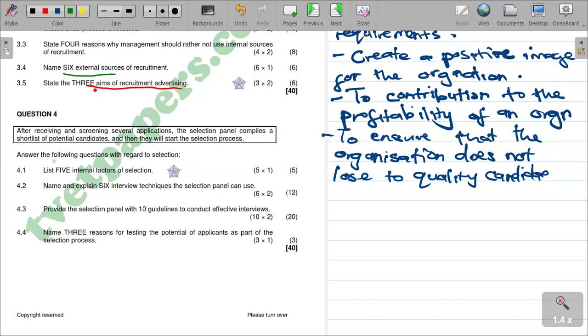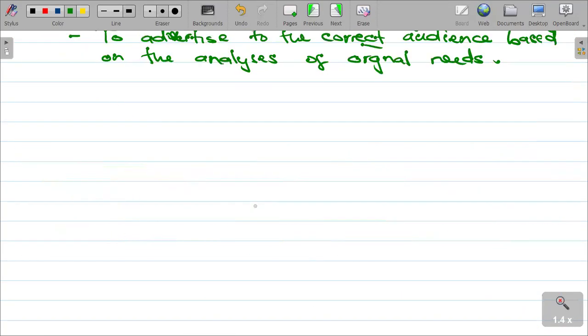Answer the following questions with regard to selection. 4.1, list 5 internal factors of selection.